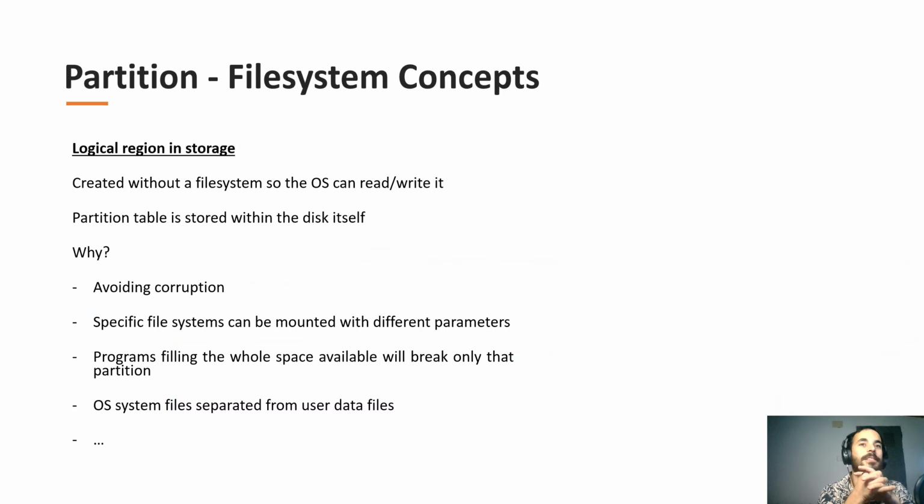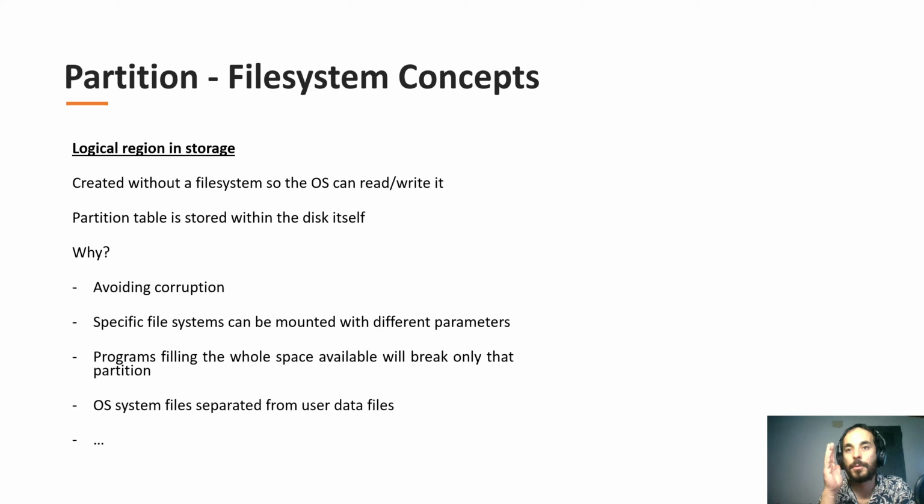And partition, the definition of that is another basic concept in file systems. A partition is a local region in storage. Basically, it's a virtual organization of the storage available.